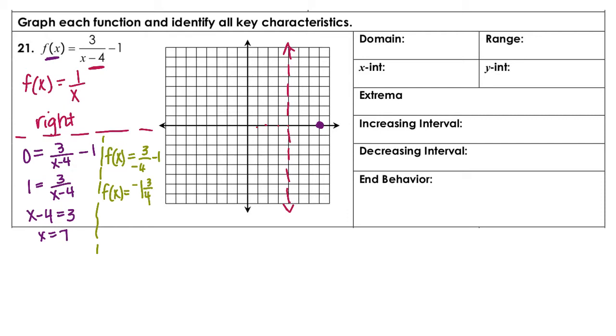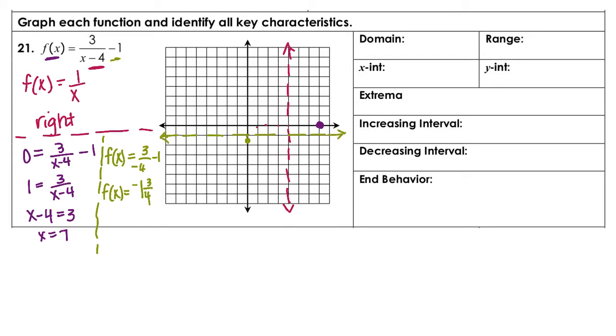So that's going to be my y-intercept. So negative 1 3/4. So we're almost down here at 2. Right, and we've also moved down 1, so that also means that that horizontal asymptote has been slid down here to negative 1. So we also have that asymptote going for us.